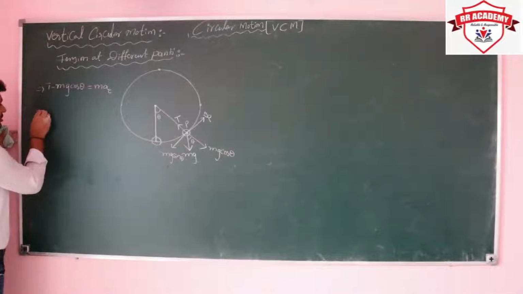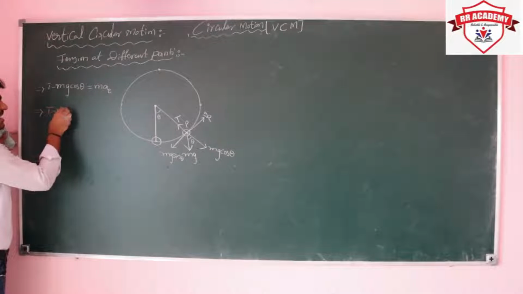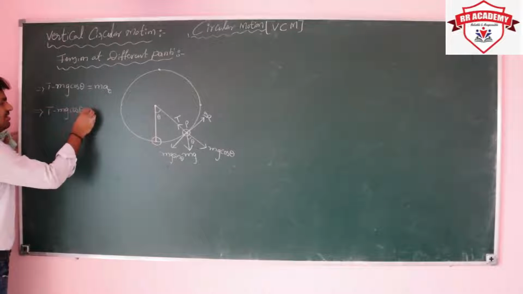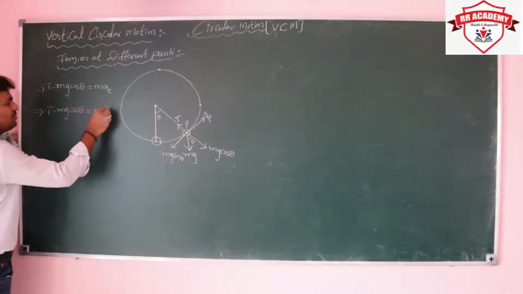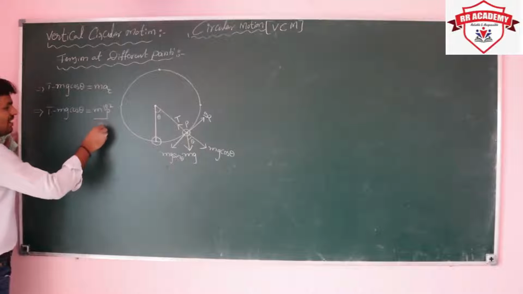So T minus mg cos theta is equal to m into vp square by r.